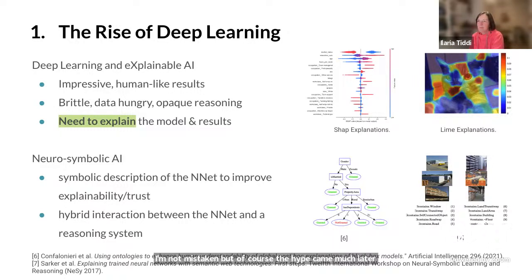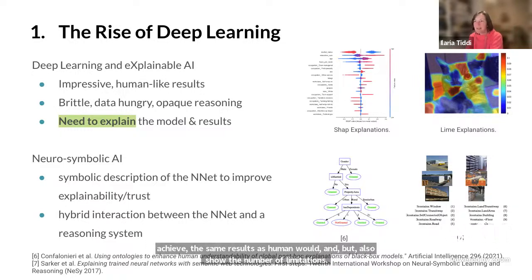Deep learning and all the methods that came with it showed impressive results that could achieve, say, the same results as humans would, but also showed a number of limitations.